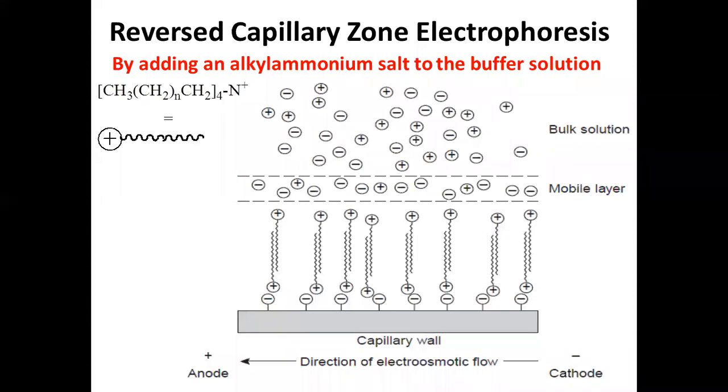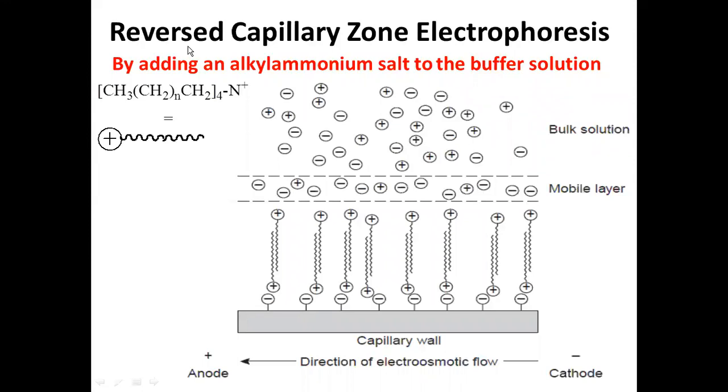Now the movement has been reversed, and the electrophoretic mobility of the anions will become greater than that of the cations.